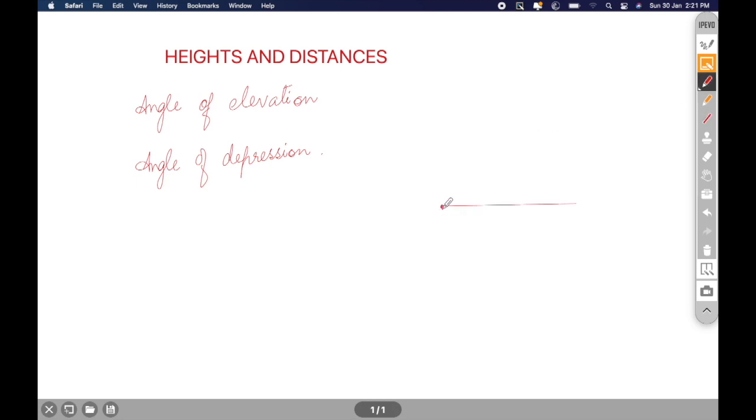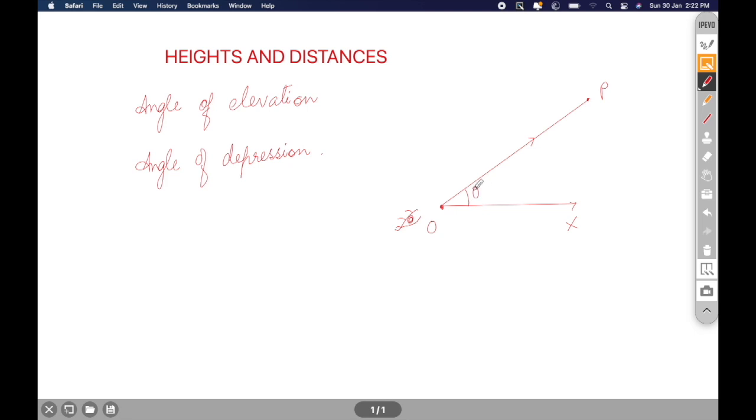Suppose O is the eye of an observer and the observer is watching something above the horizontal line OX, say P. So when the observer is looking up, the line joining the object to the eye of the observer will make an angle with the horizontal line.